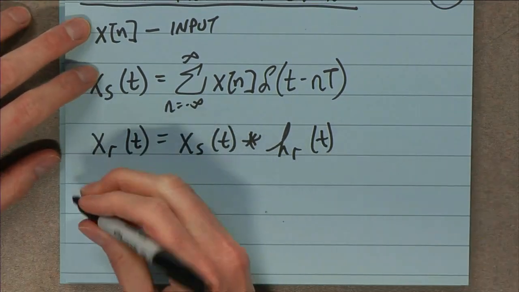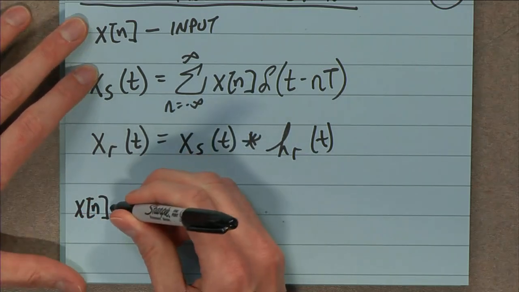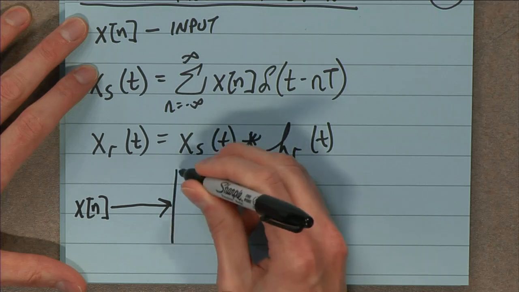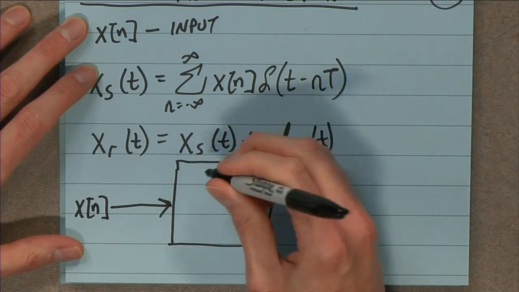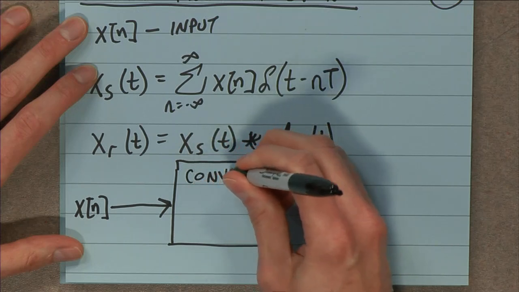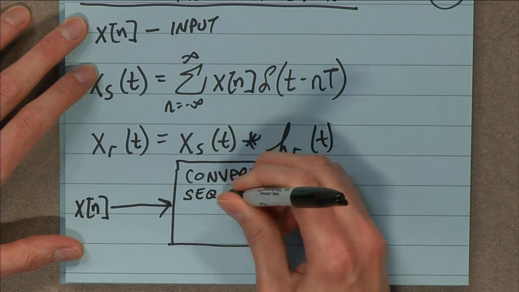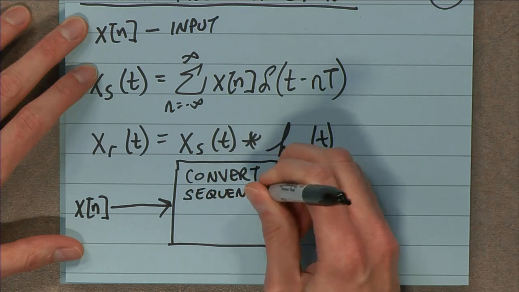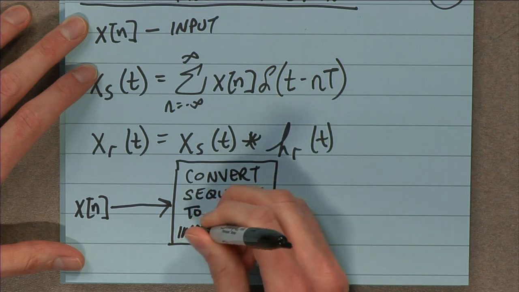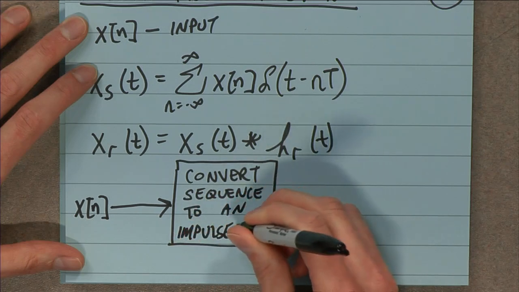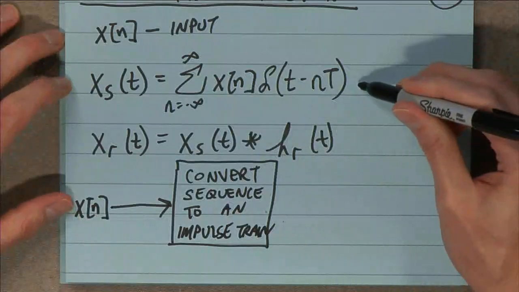Making this simple, we can say it's just a block diagram in reverse of what we've been dealing with. Here we convert a sequence, which is x of n, to an impulse train, which is this step here.